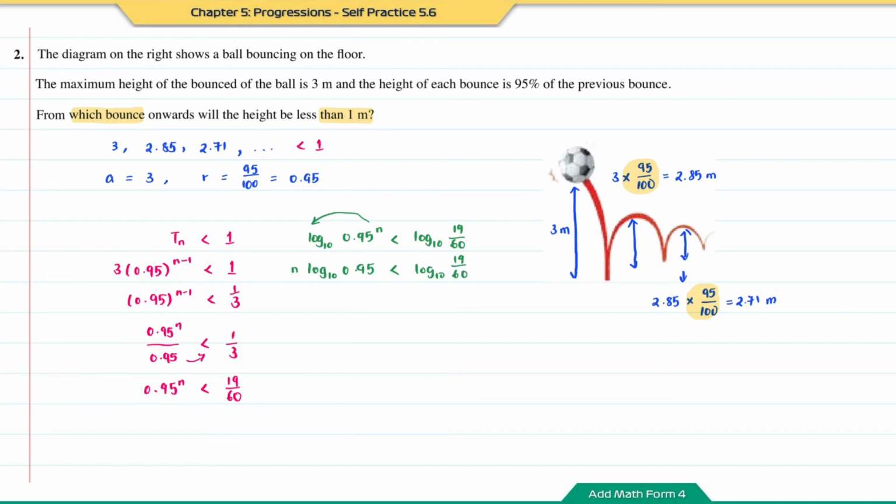Next, I'm going to move this log base 10 of 0.95 to the other side. Now remember, the value of log base 10 of a decimal will give you a negative answer. Therefore, when you move log base 10 of 0.95 to the right hand side to find n, the inequality sign will be reversed as you are dividing by a negative number.